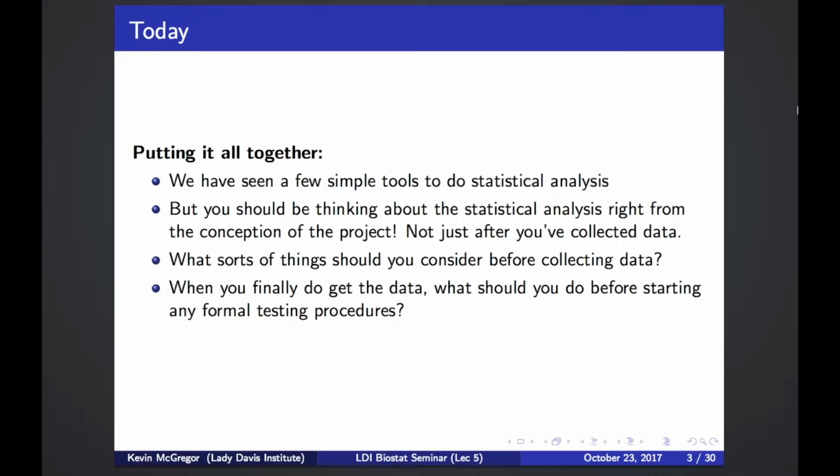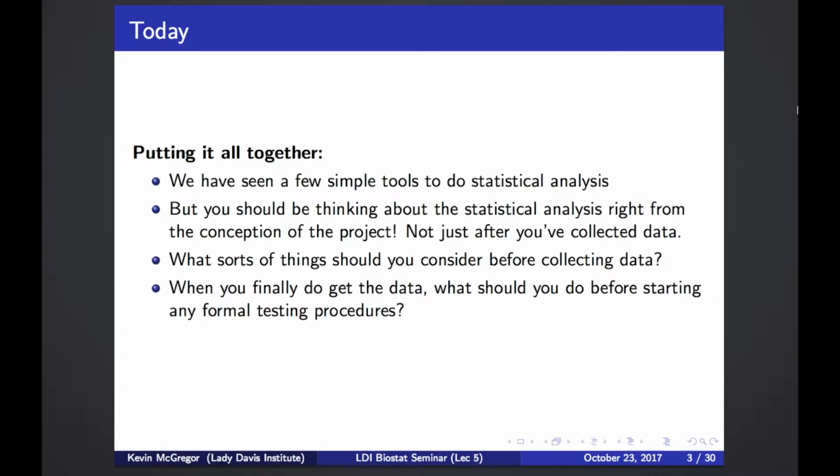We've seen some methods of doing an initial data exploration before we actually do any formal statistical testing. We saw our t-test, our one sample t-test, our independent samples t-test. We saw linear regression, and we saw, of course, last week our ANOVA.